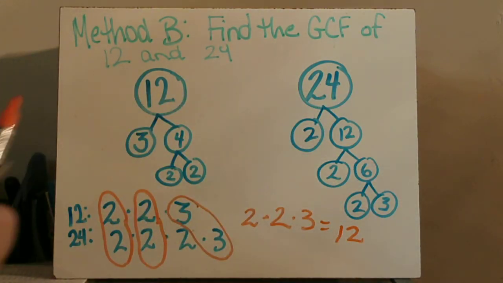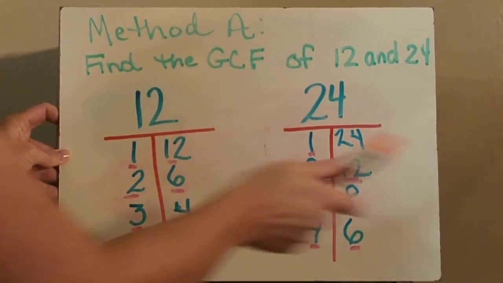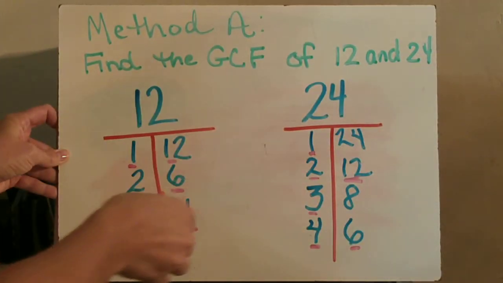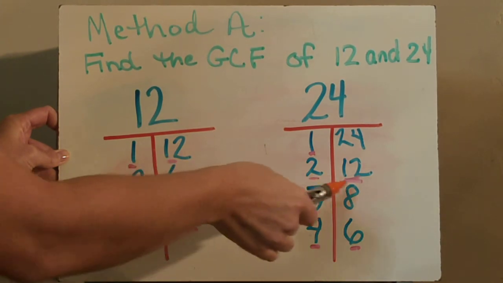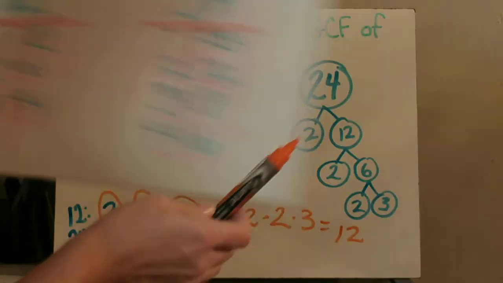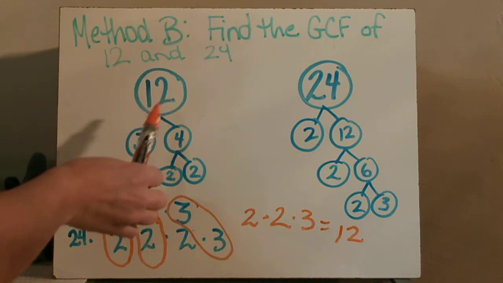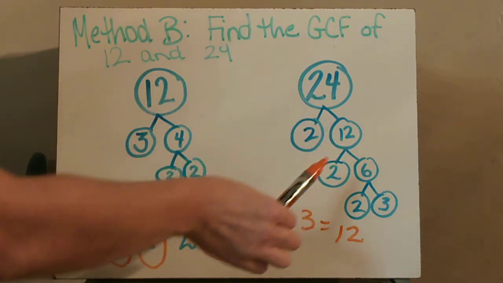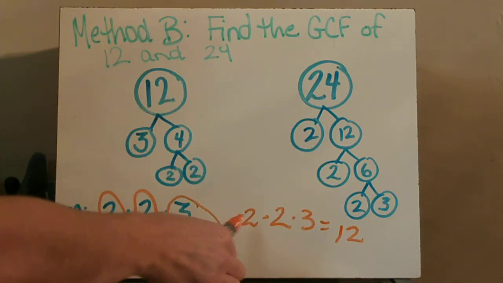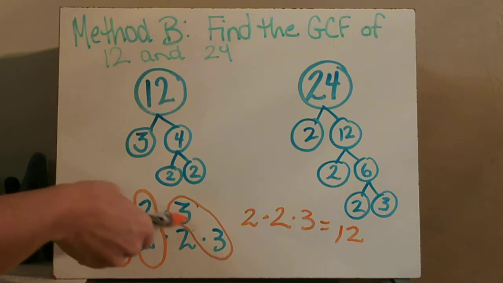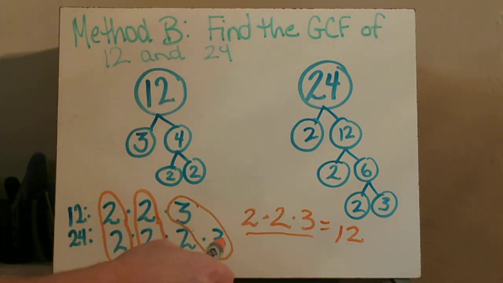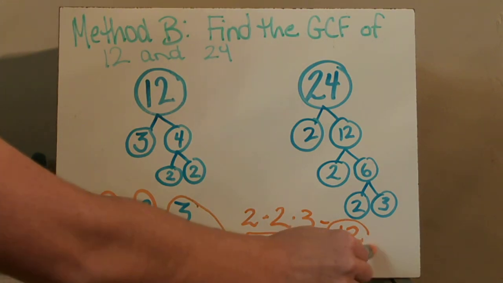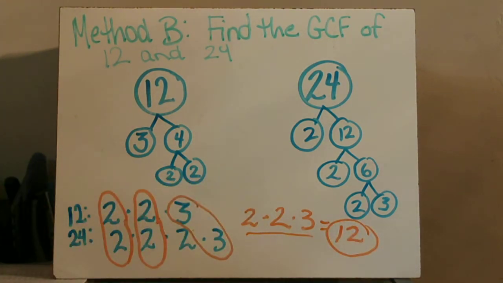So showing the method A, we listed all of the factors, we compared all of the factors, and then we found the largest. Using method B, we used the factor tree to find the prime factors. We determined which prime factors they had in common, and we multiplied those common factors together to get the greatest common factor. And either method is fine to use.